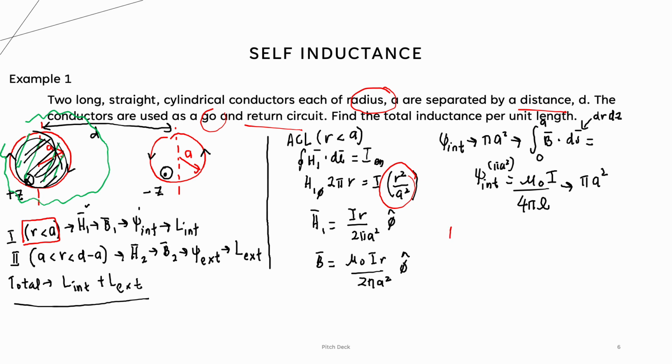So for the area of pi r squared, the flux that will be produced will be pi r squared over pi a squared, right? If you want to make the proportion. So therefore, from here, I will try to make it slowly, yeah, from here.